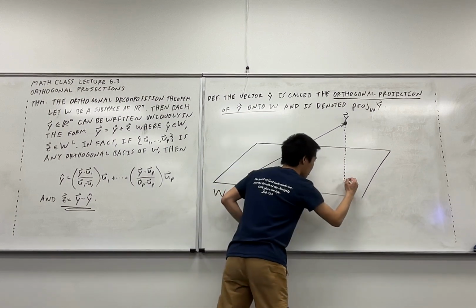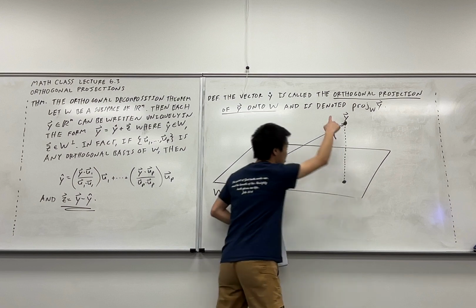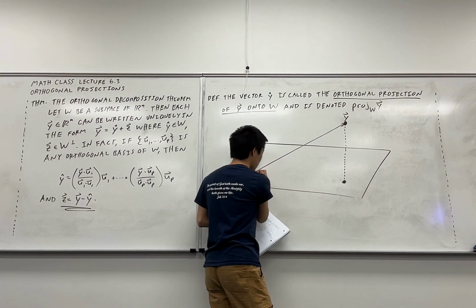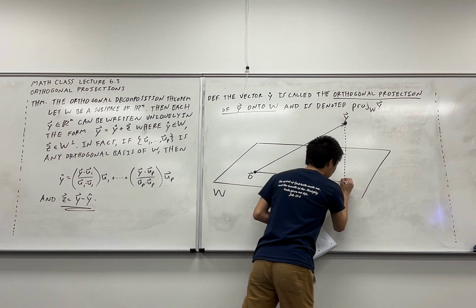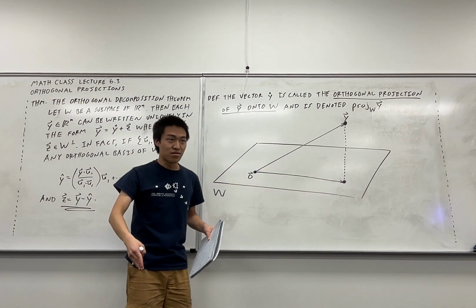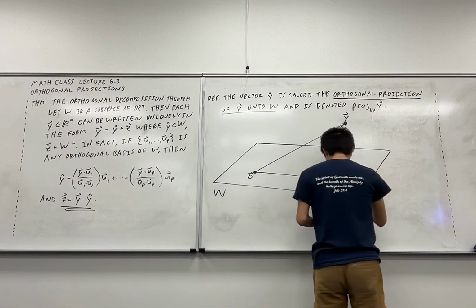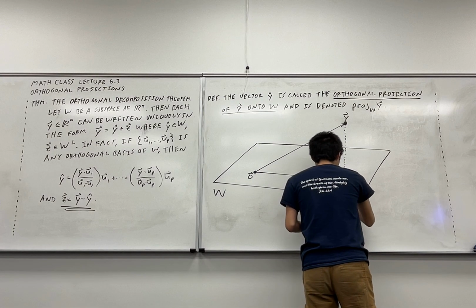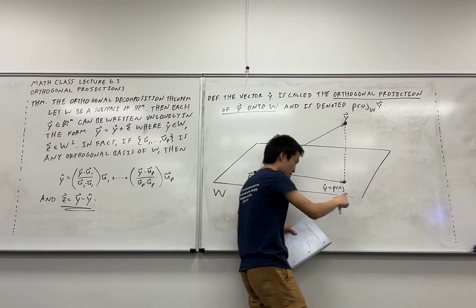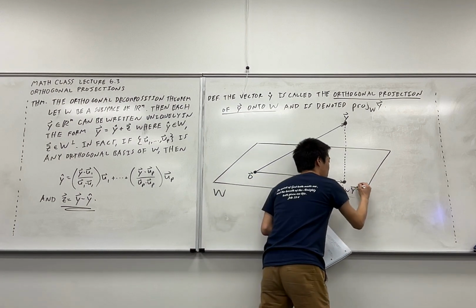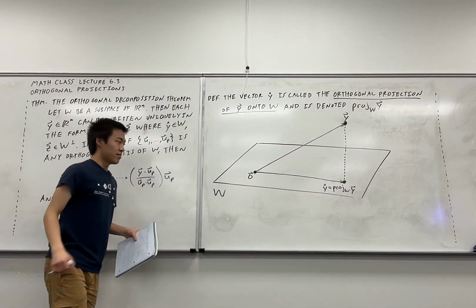And so we mark where it's hovering over in the subspace, and we make a vector that goes exactly to the point where its shadow effectively falls in the subspace. Let's call this y hat, or the projection onto W of y.